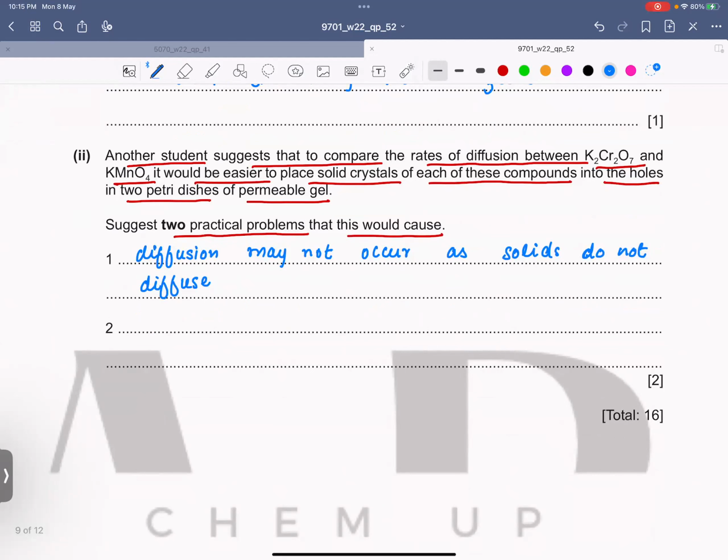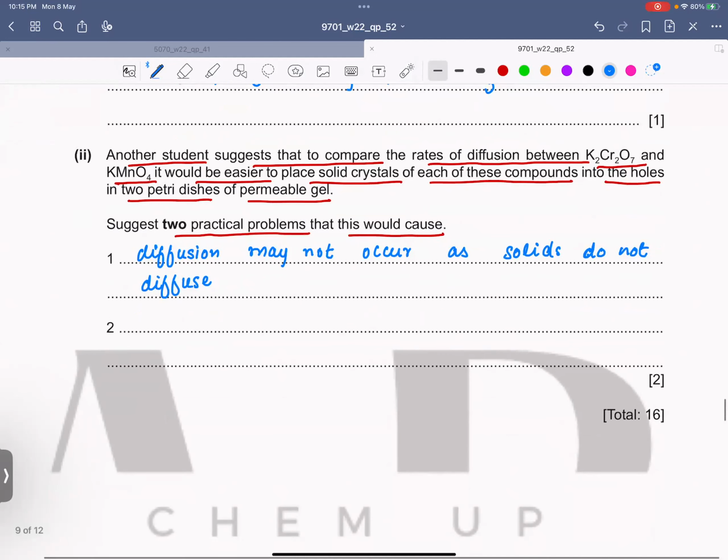The other problem would be they are solid and we are using aqueous solution into the gel, so there is a possibility that these crystals might not dissolve in the gel.